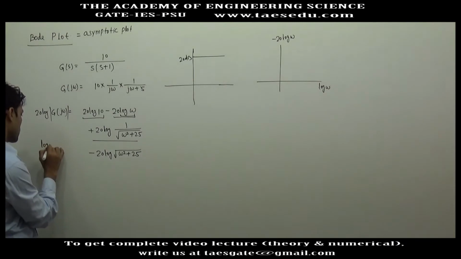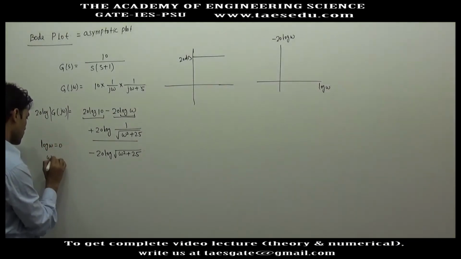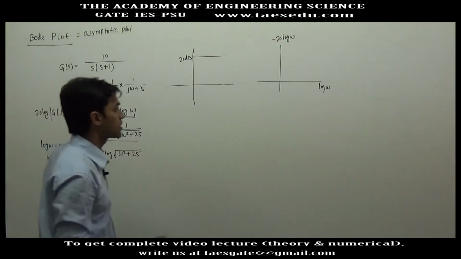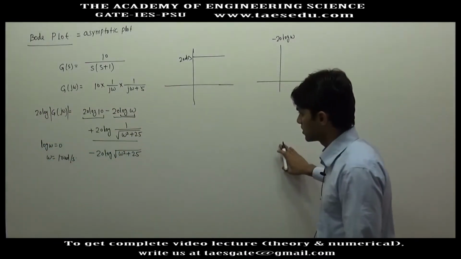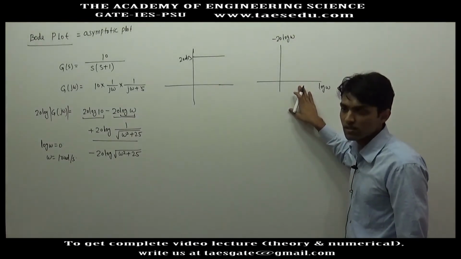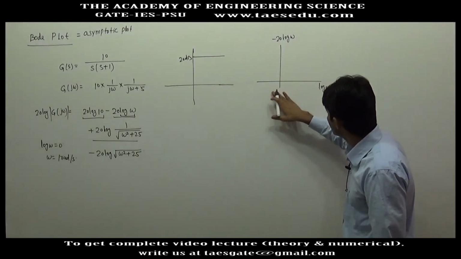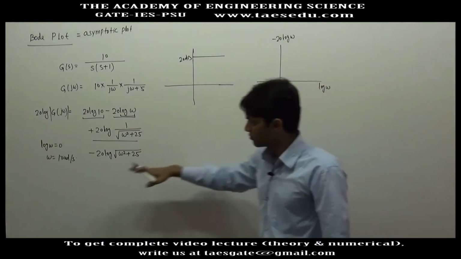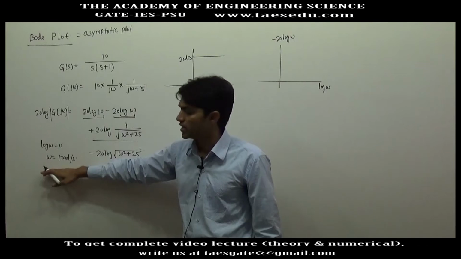Whenever log omega is equal to 0, then omega will be 1 radian per second. So in the logarithmic scale, or in the case of a Bode plot, the point of 1 radian is not fixed. Depending upon your ease, you can choose anywhere on the x-axis for the point omega equal to 1 radian per second.